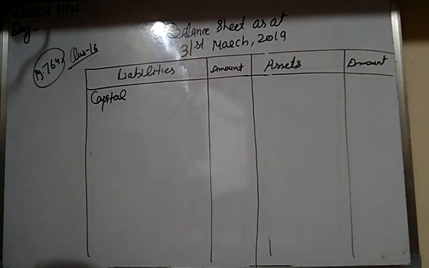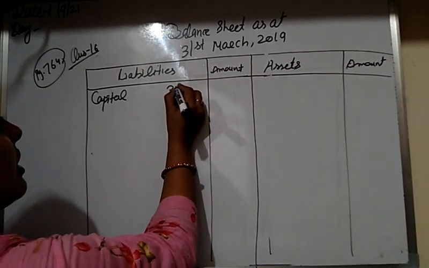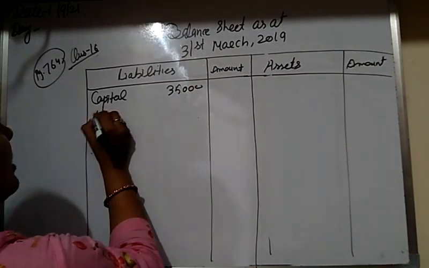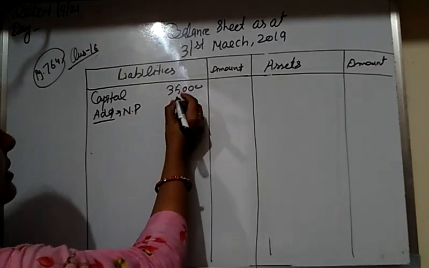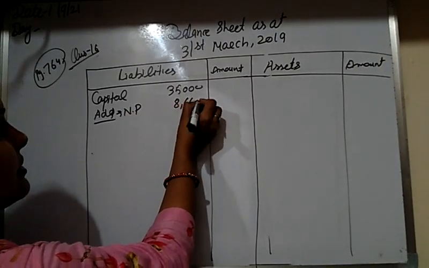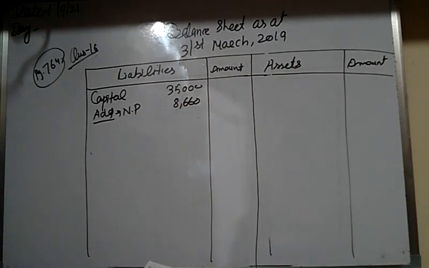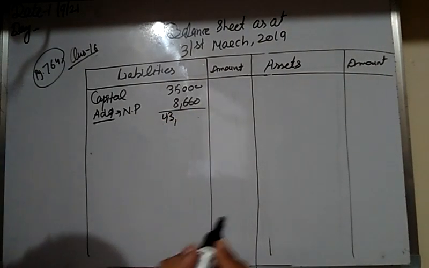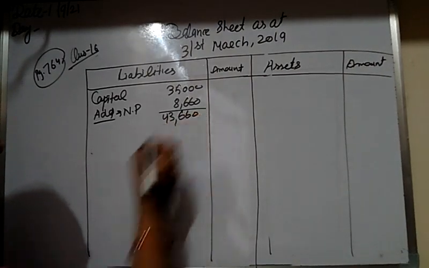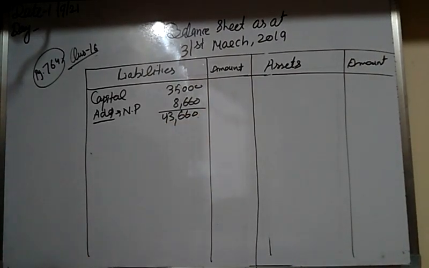Capital amount is 35,000. On capital we add net profit. Net profit is 8,660, which we already calculated from the trading and profit and loss account. Now the amount is 43,660.